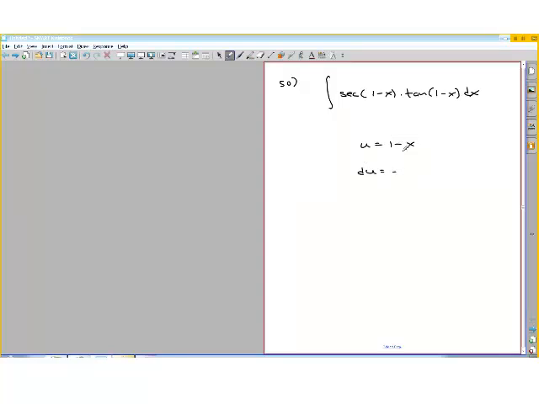So du is equal to negative 1 times dx, or dx is equal to negative du. So we can make the substitution, and we get the secant of u tangent of u times negative du, which means we can factor out the negative sign, put it up front.